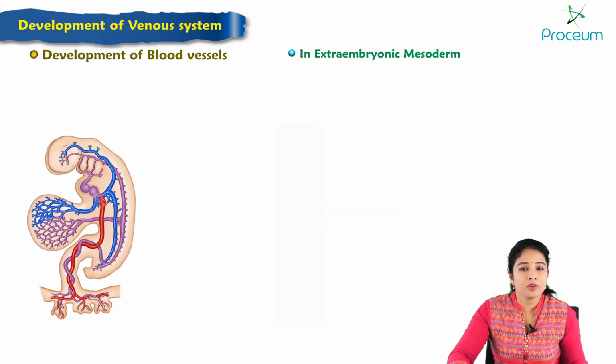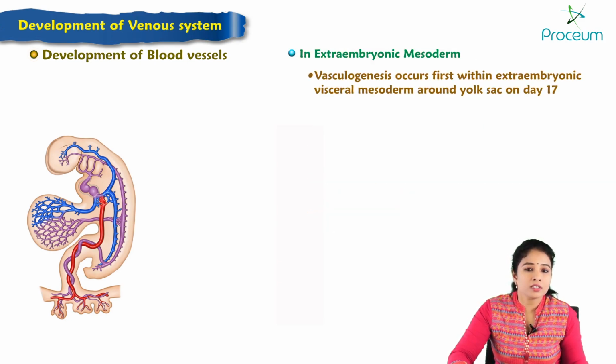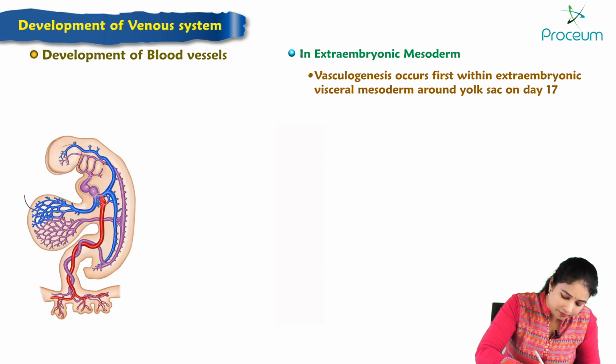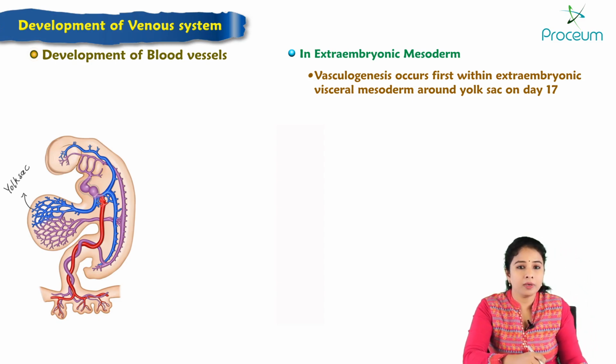In extraembryonic mesoderm, vasculogenesis occurs first within the extraembryonic visceral mesoderm around the yolk sac on the 17th day. So this is the yolk sac. So we can see the blood vessels around the yolk sac which develop by vasculogenesis.